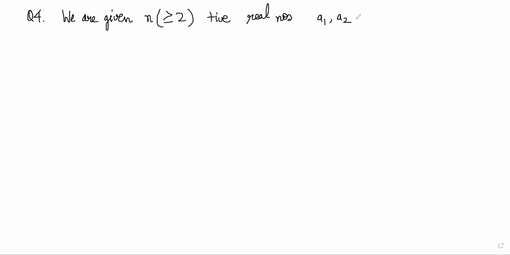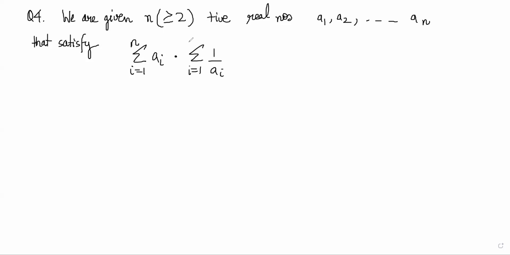We are given n greater than or equal to 2 positive real numbers a1, a2 till an that satisfy the inequality: the summation i goes from 1 to n of ai, multiplied by the summation of 1 by ai, i goes from 1 to n, is less than or equal to (n plus half) whole square.